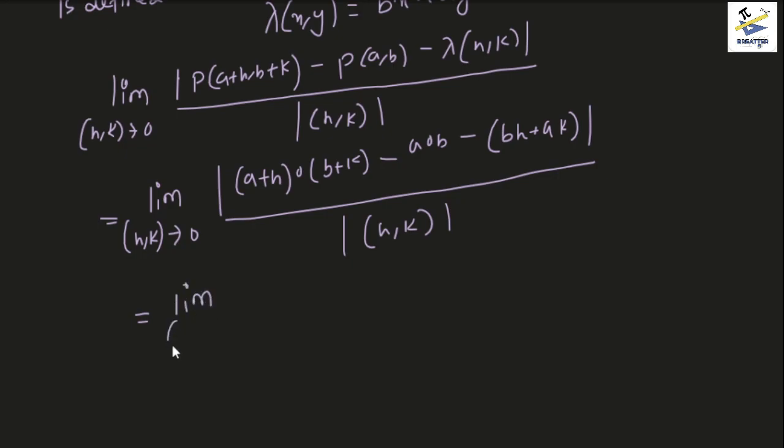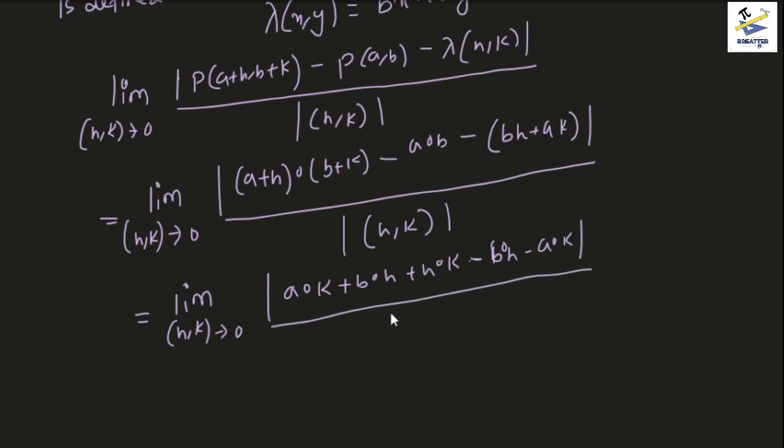Now the limit as (h, k) goes to 0. If we do this, you would find the following: a times k plus b times h plus h times k, minus, now bh plus ak is simply b times h plus a times k, and this is over the square root of h squared plus k squared.